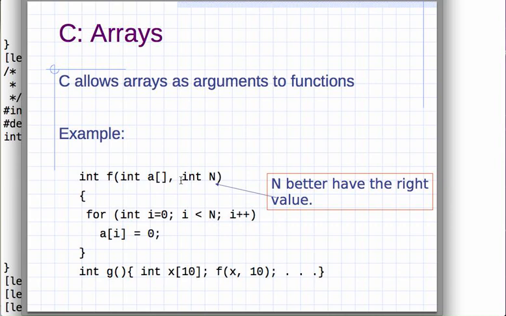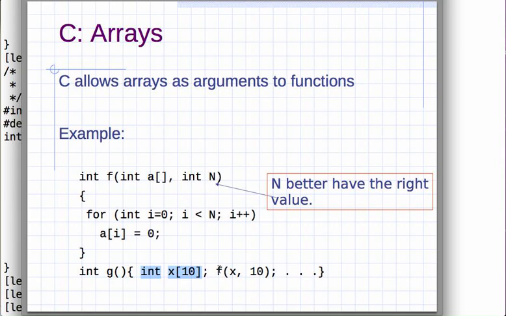In C, things are just a little bit more raw. That is, if you have an array, for example, an int array of size 10, as is declared here, you just have 10 ints. That's it. No indication of how many things there are in the array. So you, the programmer, have to keep track of how many things there are in each array.